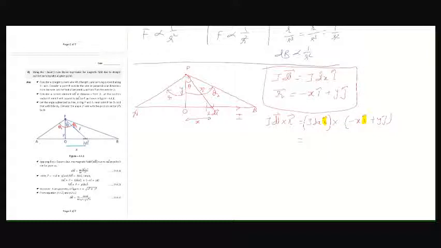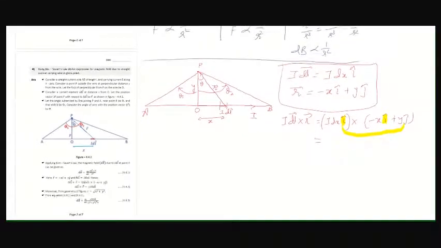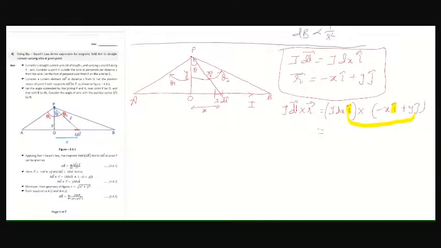It will be 0. And what is i cross j? It will be k cap. So ultimately we have IdL cross r as I y dx k cap. I cross j is k cap. And now I can substitute this IdL cross r in the formula.